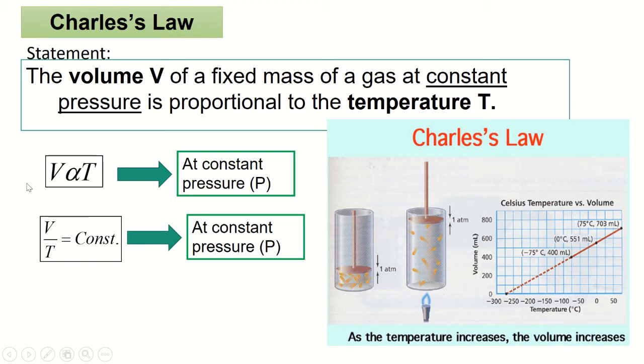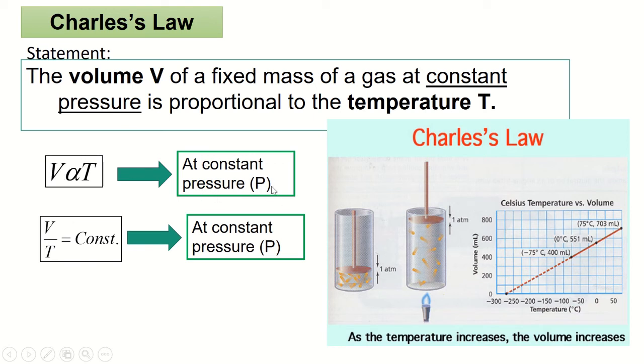This is the mathematical form of Charles' law. So this says the volume is directly proportional to the temperature. The meaning is, if the temperature is more, the volume is more, but there is a condition with this law.